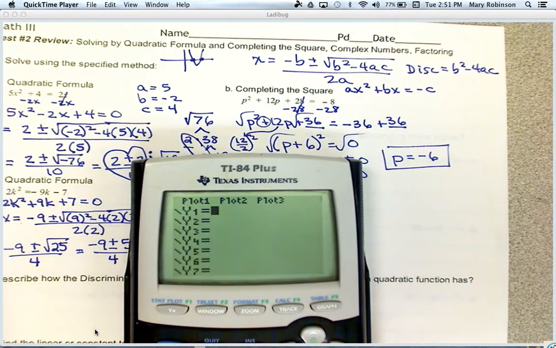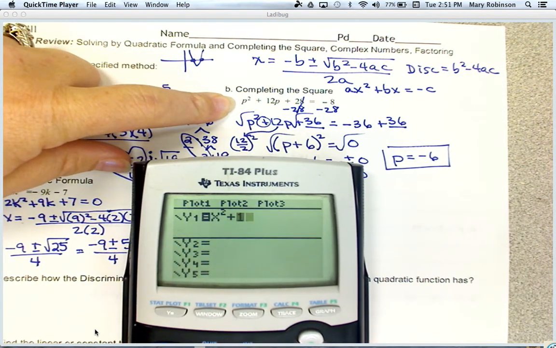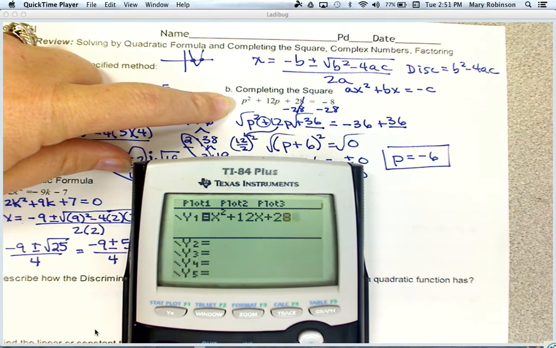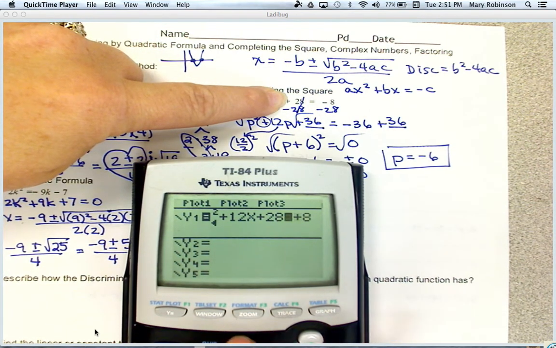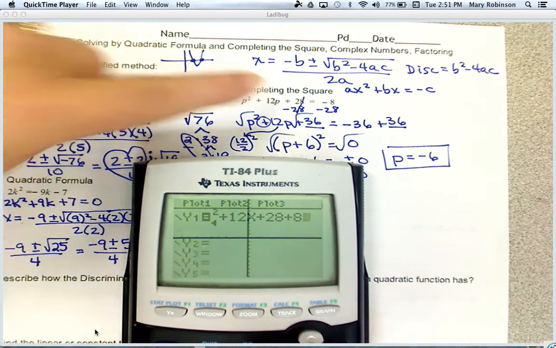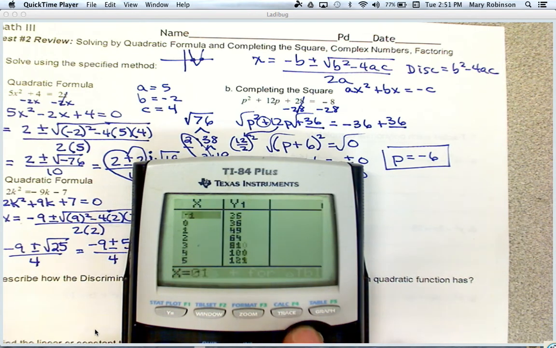Another thing you can do is set this equal to 0 and graph it. So x squared plus 12x plus 28, if I add 8, so it'll be equal to 0, then I can graph it, and you should see that it crosses here at negative 6. You can verify it on our table also, negative 6, 0.